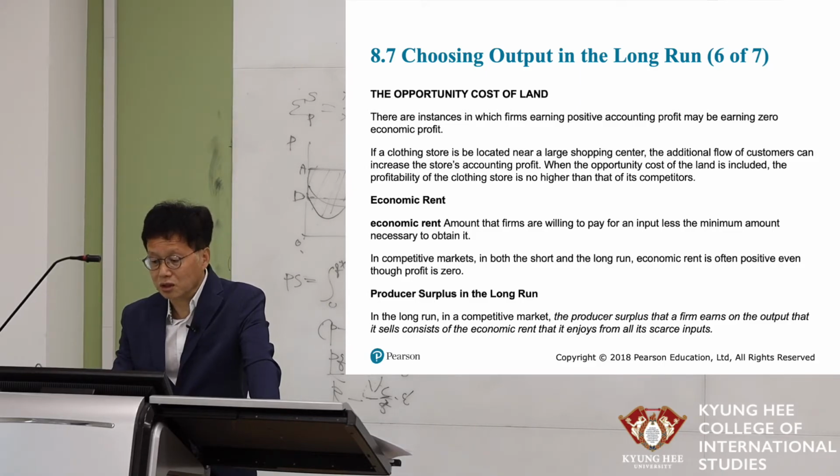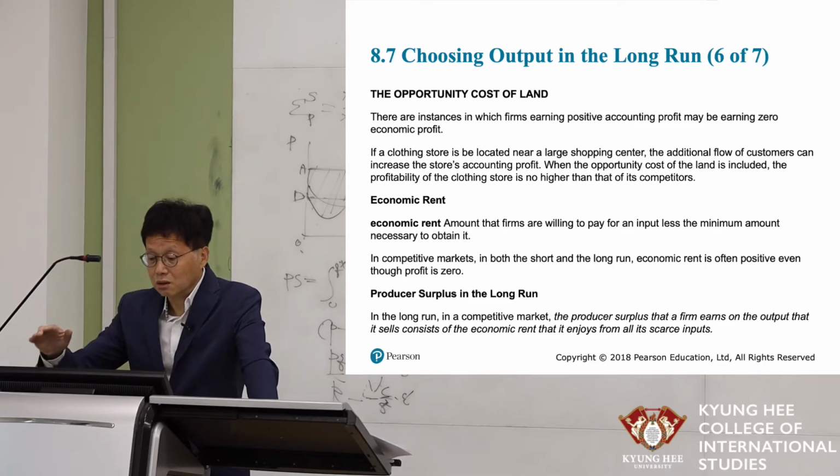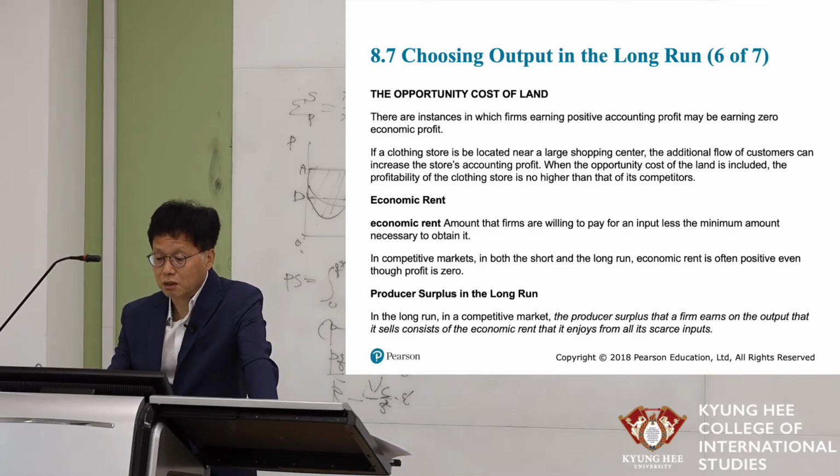So it can enjoy positive profit. But economic profit is equal to zero. Why? The rental price of land, the office, should be more expensive than that of the other shop. So, in spite of some accounting profit, economic profit is equal to zero. Okay, that is explained here.